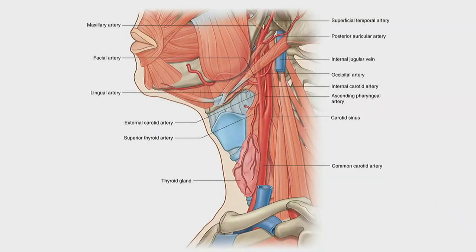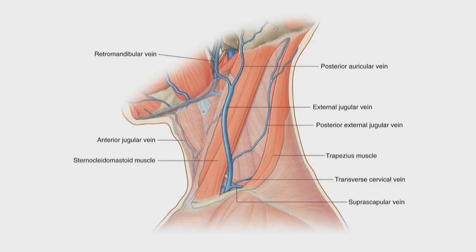The blood supply of the supra- and infrahyoid muscles is from branches of the external carotid artery: mainly facial, superior thyroid, lingual artery, occipital artery, and posterior auricular artery, which you can see in the cardiovascular system. The venous drainage superficially goes to the external jugular vein or anterior jugular vein.